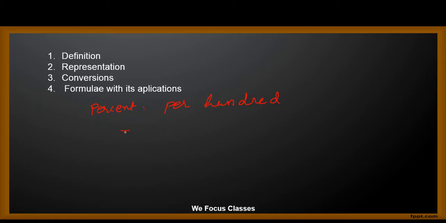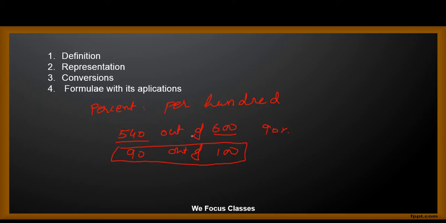Let us say you got 540 out of 600. It means per 100 how much will you get? It means 90 out of 100. So it is nothing but 90%. How will you write? Simply 540 by 600 into 100, that equals 90%.